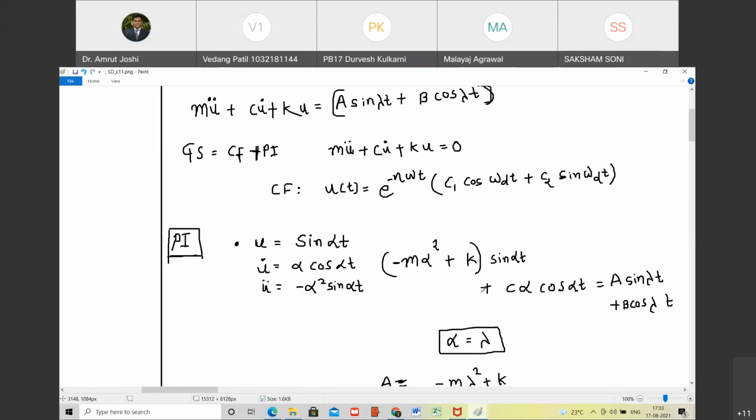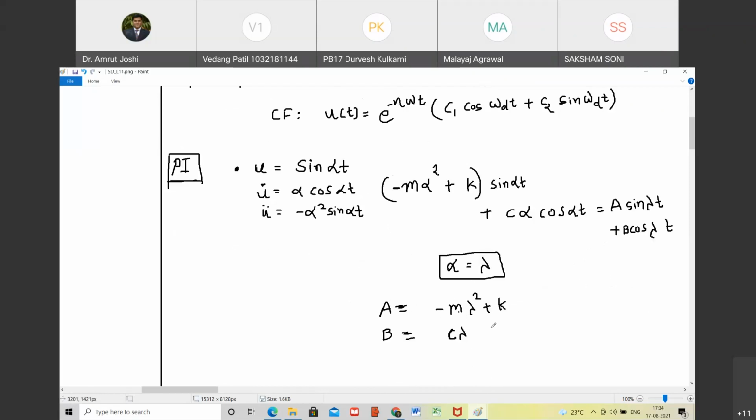Okay, but here we did not need to find the values of A and B. How should I choose u so that I get a sin lambda t plus b cos lambda t?